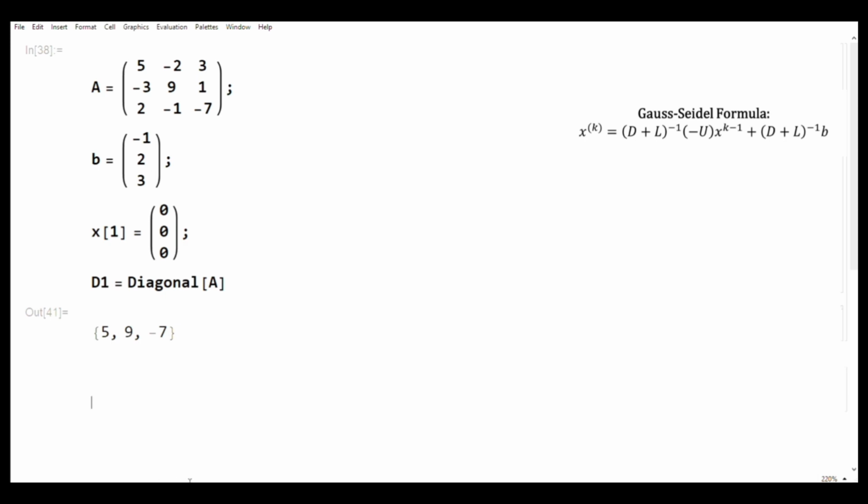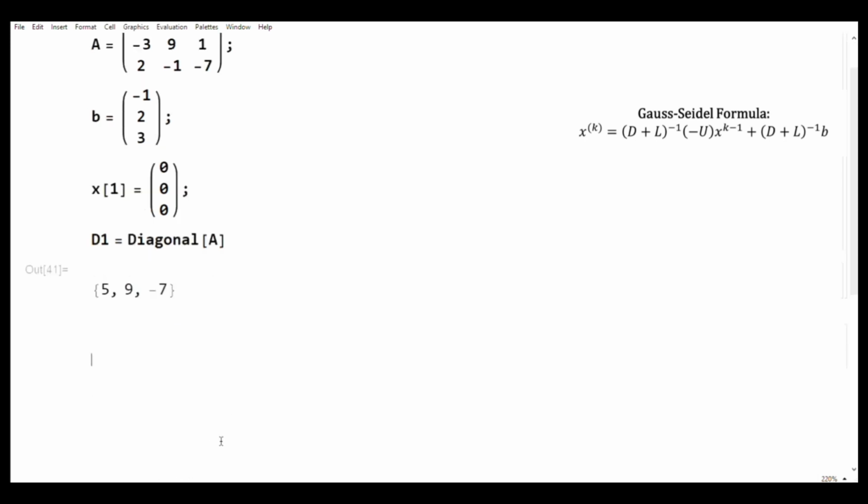This is the diagonal, but it is not in matrix form, so I give a command to make the diagonal into matrix form. Diagonal matrix of matrix D1. Shift enter.